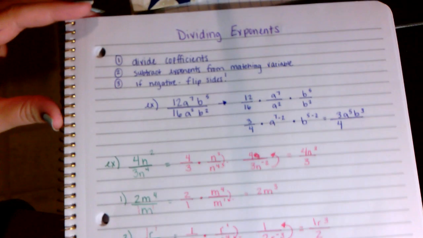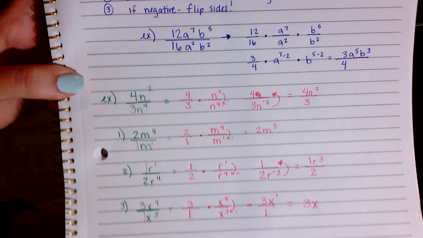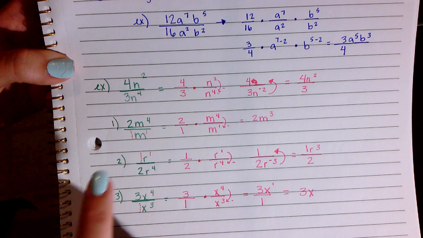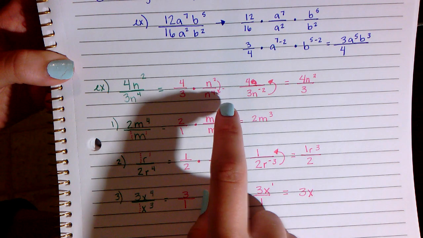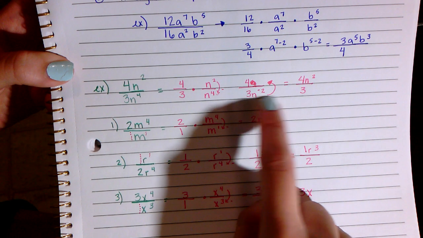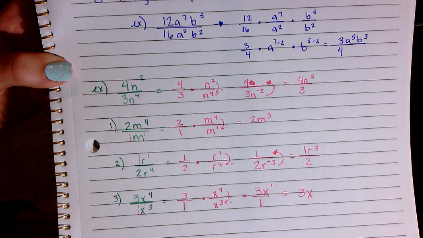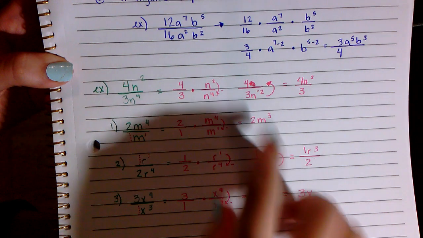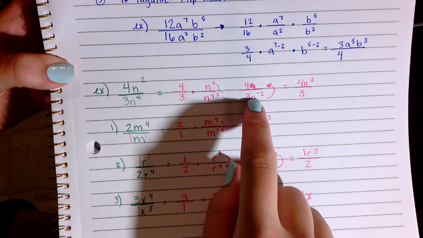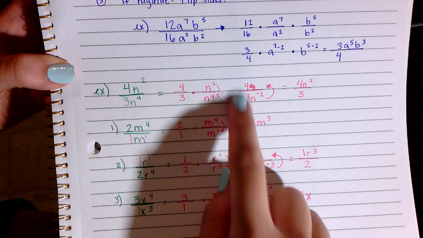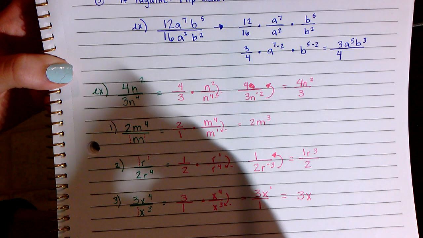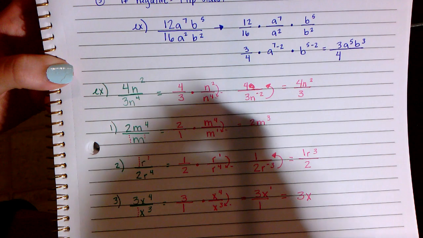So if you remember back to this page, dividing exponents, one of the things that you noticed was whenever you had a negative exponent, you flipped it to the other side so that it wasn't negative. And that's really the biggest thing with your negative exponents, is that you can flip whatever's happening and your exponent will be positive.